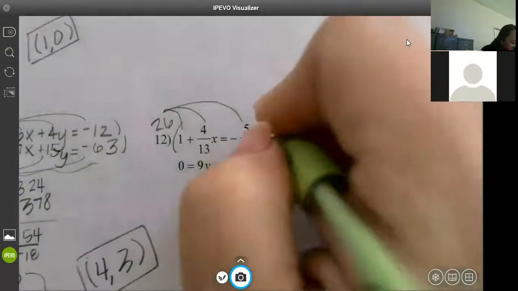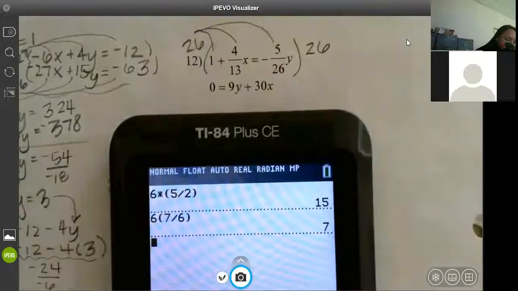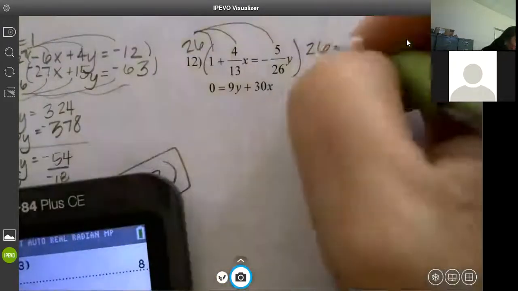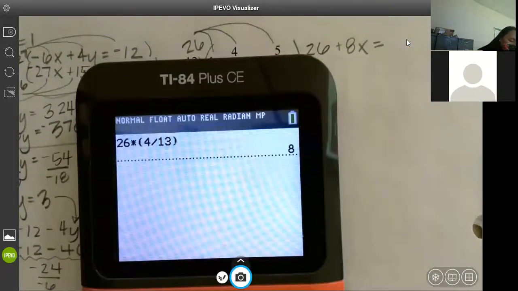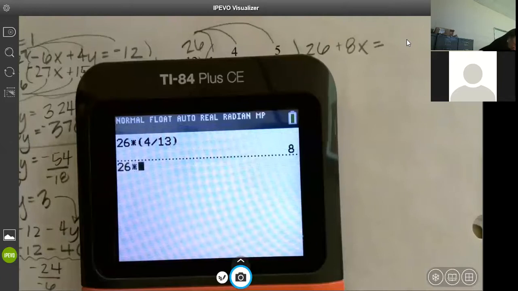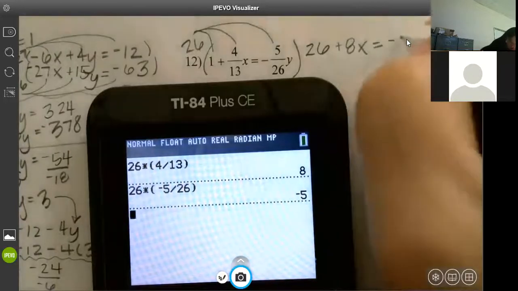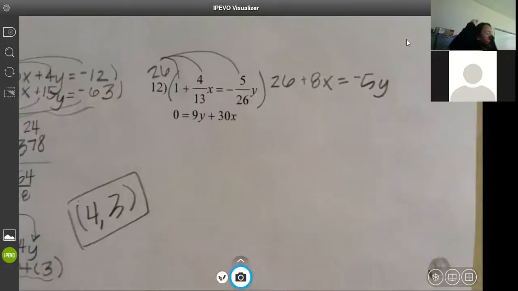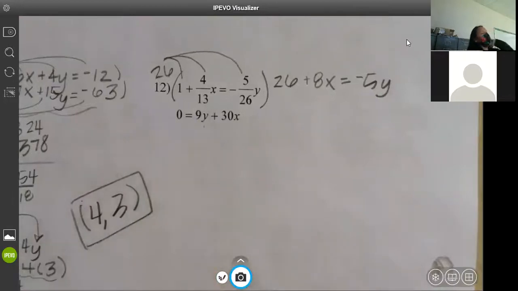So 26 times 1 is 26. 26 times 4 over 13 gives you 8, equal to 26 times negative 5 over 26 gives you negative 5, and that one has a y with it. So it looks like this. Get your x and y on the same side, on the correct side, move your other number over, and then fix this one as well.